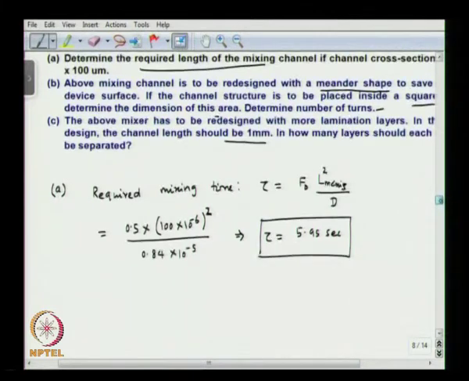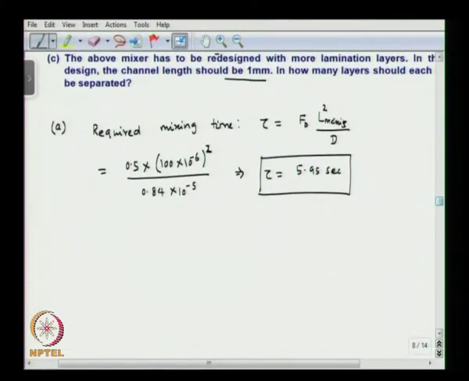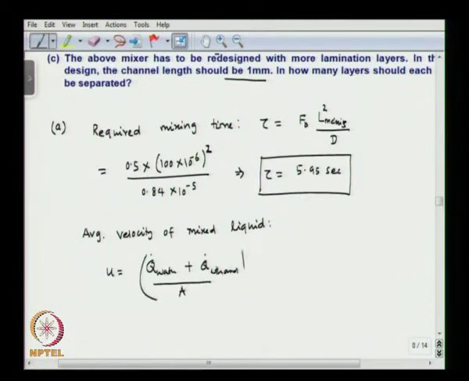We can find the average velocity of the mixed liquid. So, U can be written as Q dot water plus Q dot ethanol divided by area.